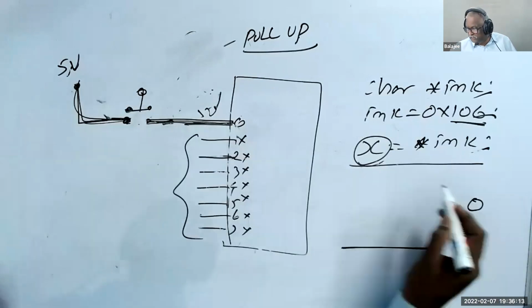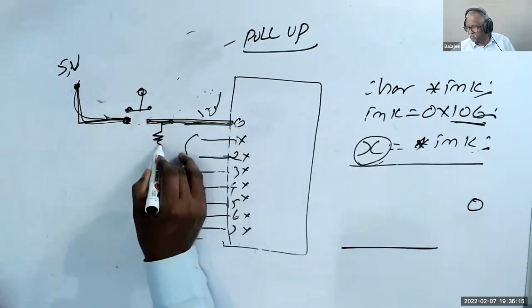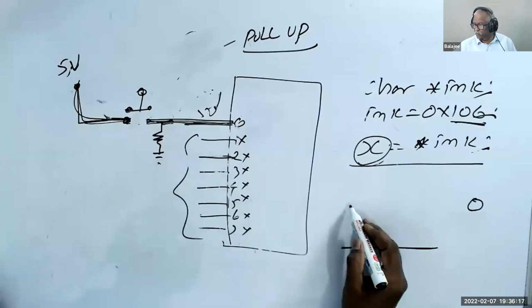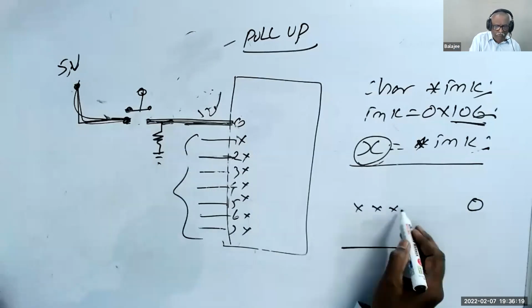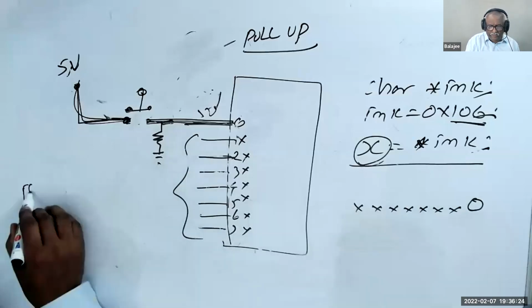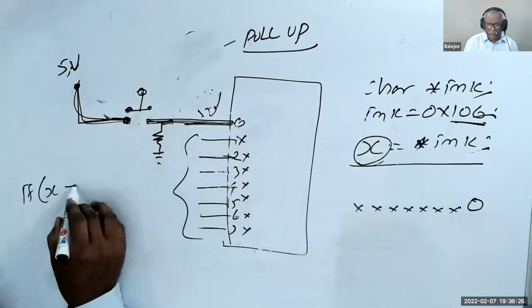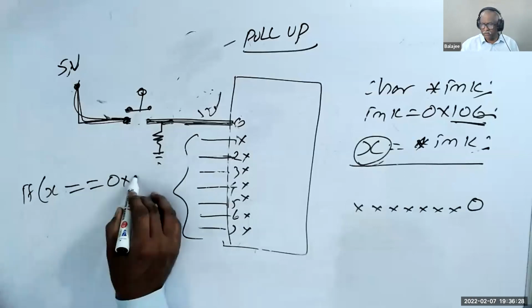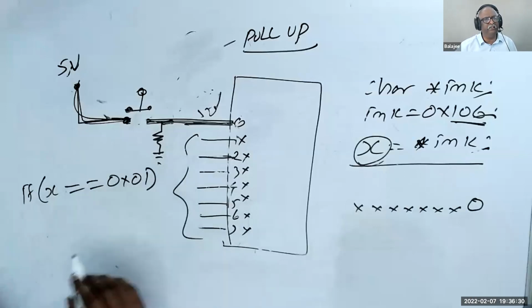But all the other bits could be anything. So if I check if X equal to 0x01, this condition will never be true, because the other bits can be at different voltages.